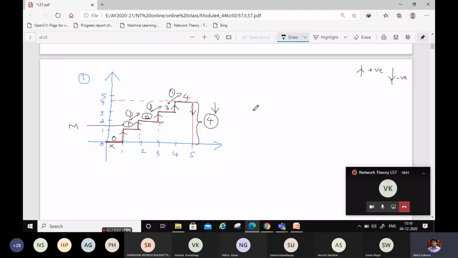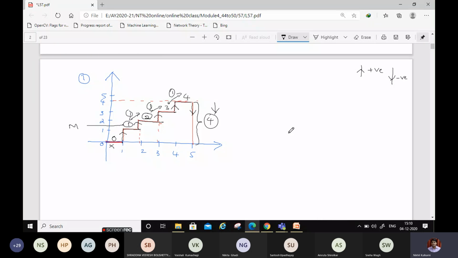I'm telling you the shortcut method here. Within just 2 or 3 minutes you can get the actual signal. This is F1, F2, F3 and F4, and this one is another step which is going down, which I will take as F5 of T. How to define these things?